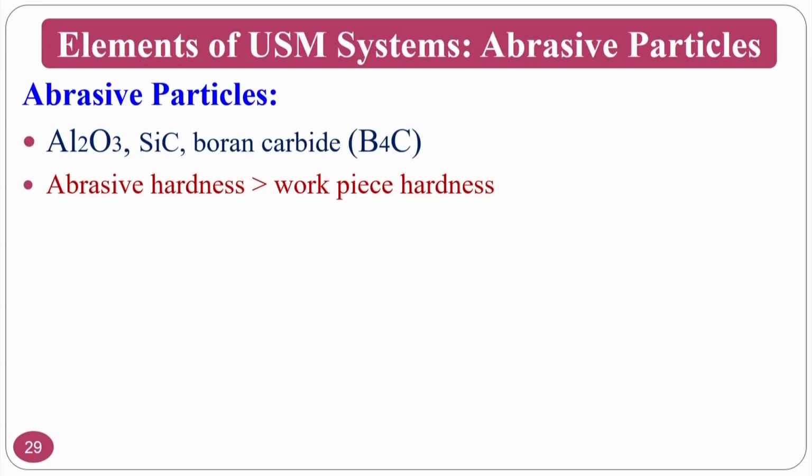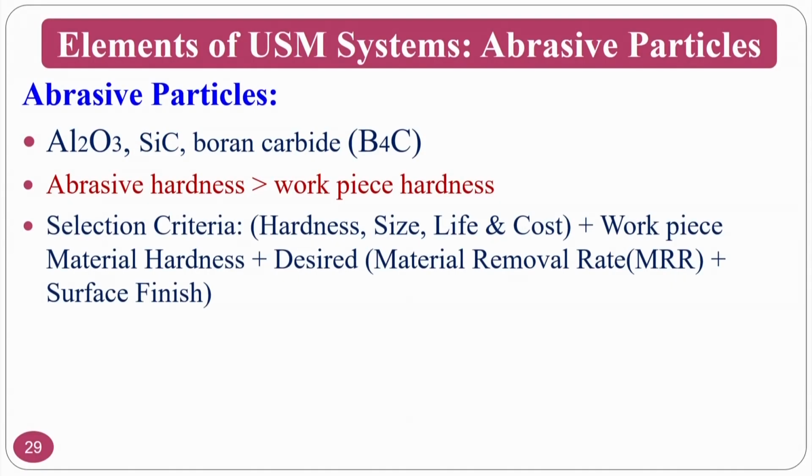That is why you should always have the tool material harder than the workpiece material. The selection criteria are the abrasive particle hardness, size, life, and cost, because, as I said, in India we can get 1 kg of silicon carbide of mesh size 220 for below 500 rupees nowadays.